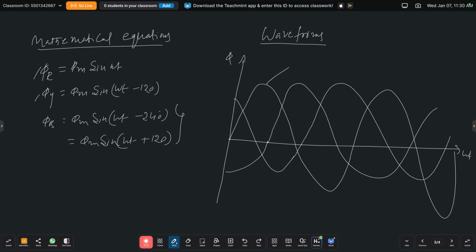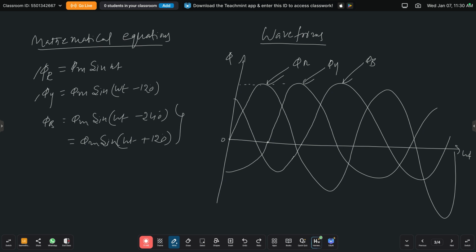So this is phi R, phi Y and phi B. They are the three phase flux waveforms. This is the zero.